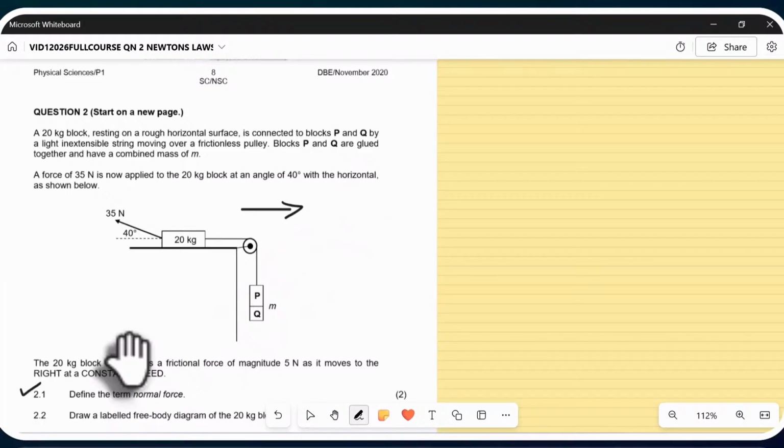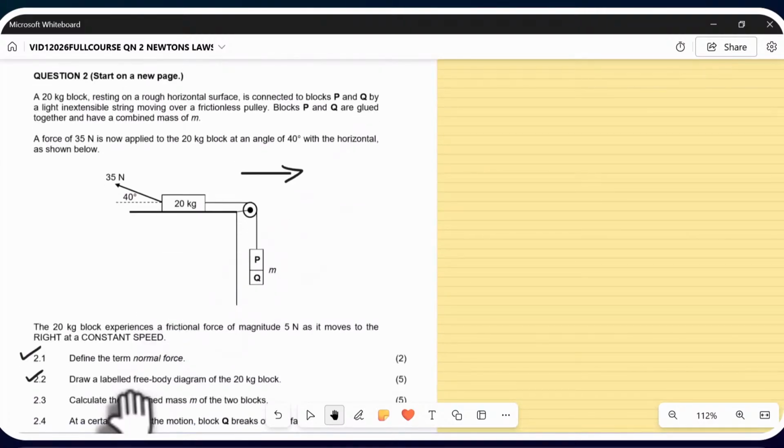Then 2.2, draw a labeled free body diagram of the 20 kilogram block. They're giving us 5 marks here, so we should have 5 arrows coming from the dot.